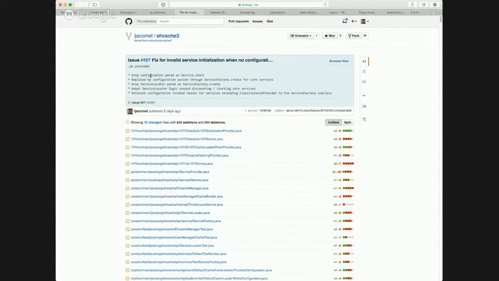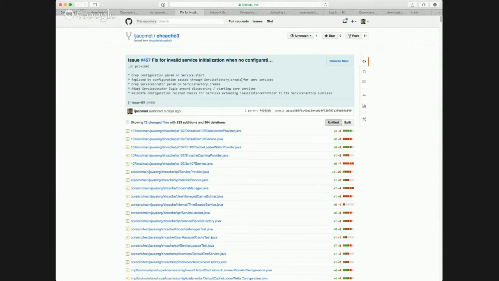I dropped the configuration, so the service config, from service.start. So service.start only takes a reference to a service provider. I replaced that by passing the configuration through servicefactory.create. It was there, but that becomes the only way to pass a configuration using the service factory when you want to create a service inside the cache manager.